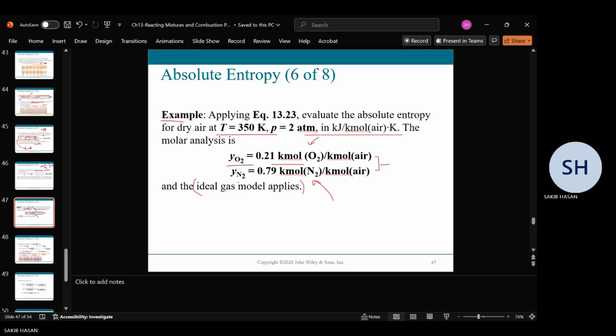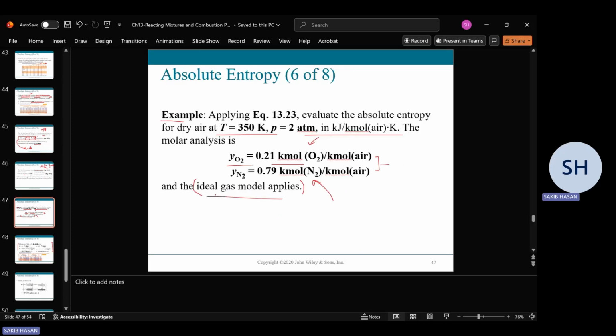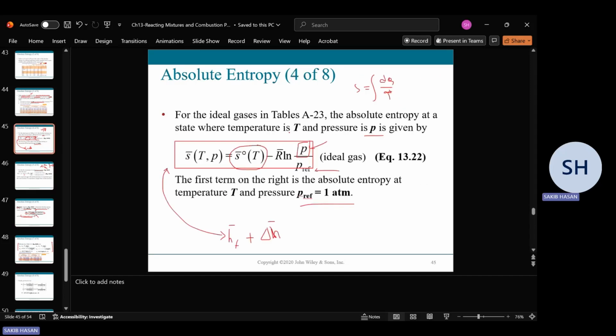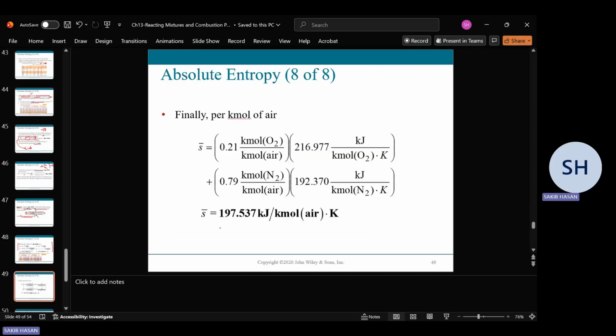So as you can see, they've gone through this whole calculation. Because of the assumption of the ideal gas model, recall that you can just add the values together and get the total.